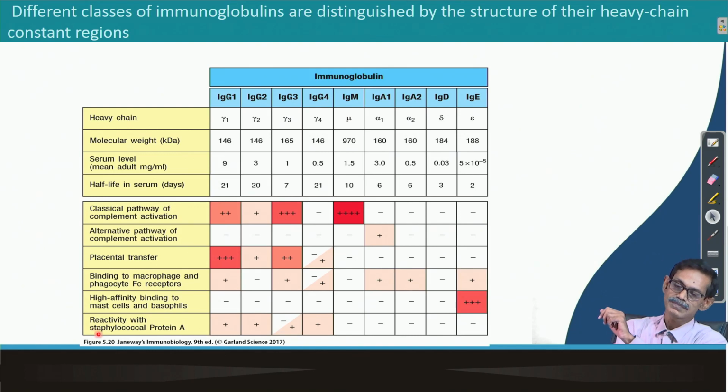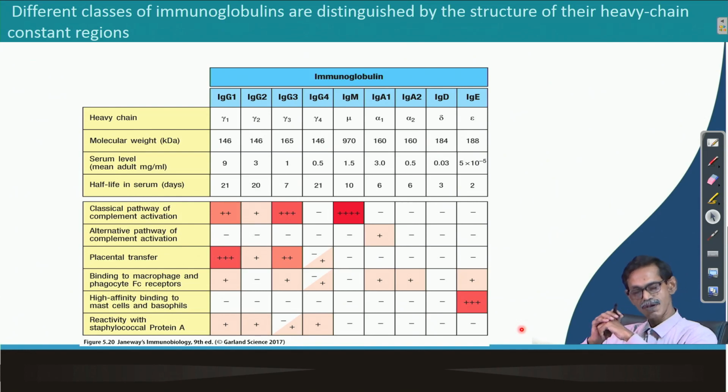Here at the bottom, one thing is written: reactivity with staphylococcal protein A. I will come to that, not exactly in relation to infection, but I will discuss what this protein A can do and how we use it.